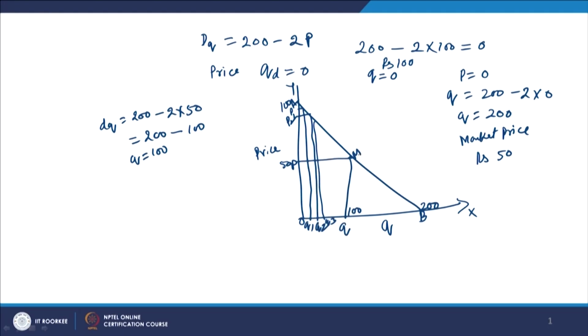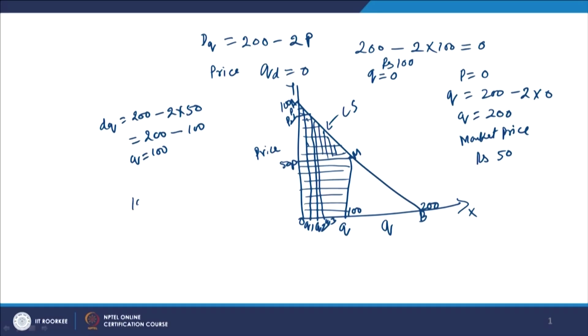This is the area which is the amount of money the consumer is actually paying for purchasing 100 units, but actually the consumer is willing to pay the area 0 A M Q. So, this upper triangle is known as the consumer surplus, and that area can easily be estimated, because this is a triangular area.